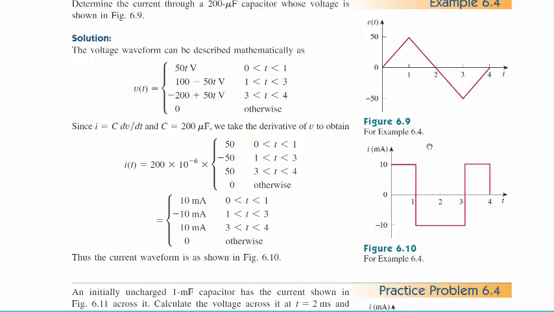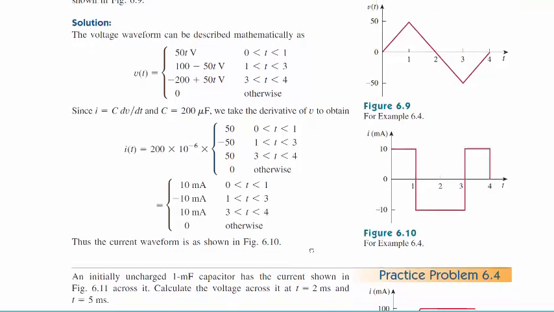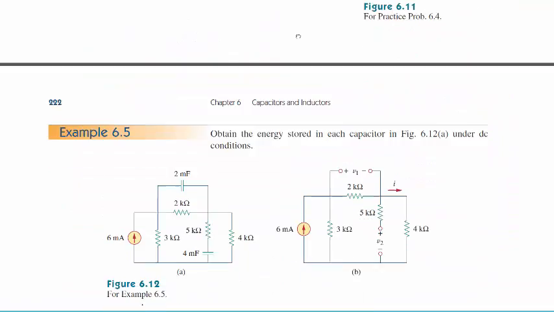So this would be very much like a capacitor charging up, and then this is very much like a capacitor discharging. It's a stored charge. So that was a nice problem.